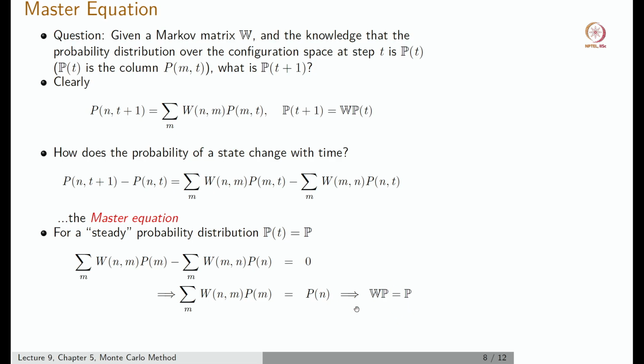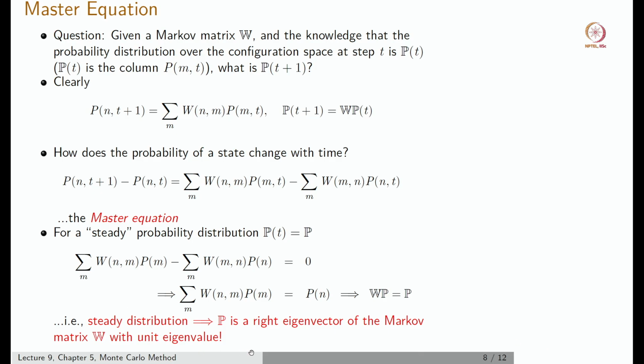What does this mean? This means that a steady probability distribution is a right eigenvector of the transition matrix W with eigenvalue 1. So you can imagine that there is an eigenvalue 1 here, and that is the statement that the steady state distribution of a Markov process is given by a probability distribution which is the right eigenvector of the Markov matrix with eigenvalue 1. Okay, and that is the statement that is highlighted here.